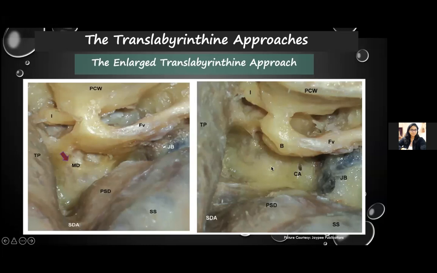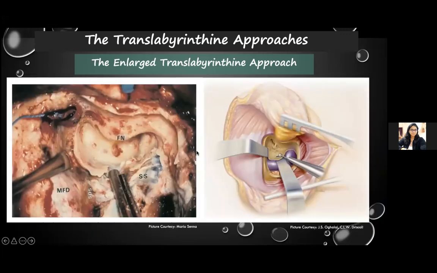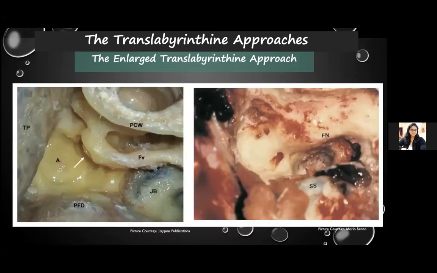Next, you have to know the landmarks of the fundus of the internal acoustic meatus. Just now we have seen that most laterally we have the medial wall of the vestibule marking Mike's dot. Superiorly, the subarcuate artery marks the superiormost landmark for the internal acoustic meatus.